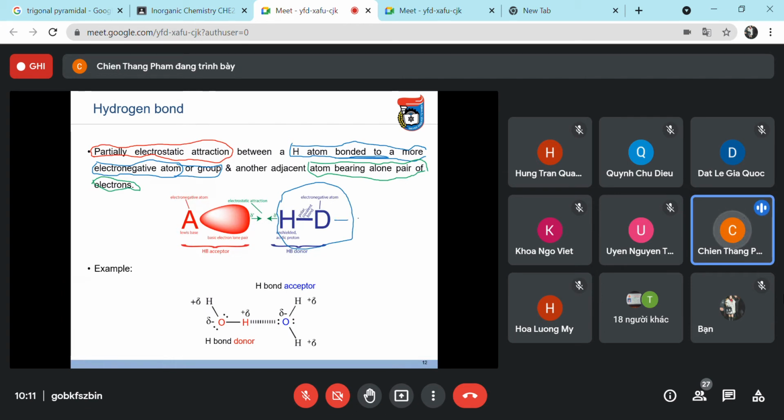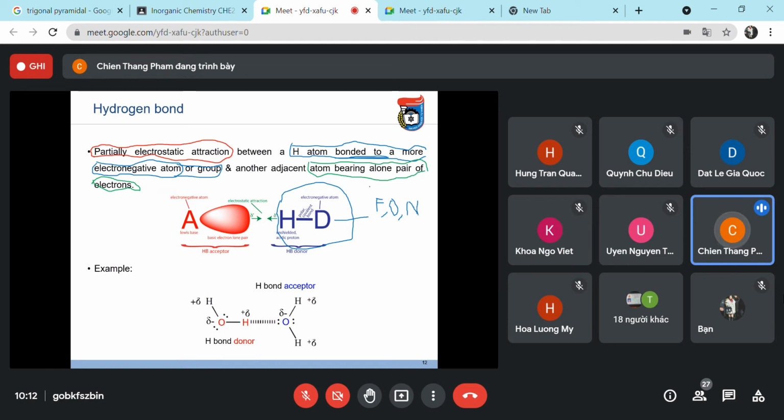Which types of electronegative atoms do we consider here? The first one is fluorine. The second one is oxygen. The next one is nitrogen. So at this point, we consider only three types of elements: fluorine, oxygen, and nitrogen.